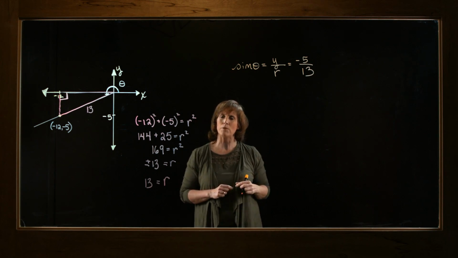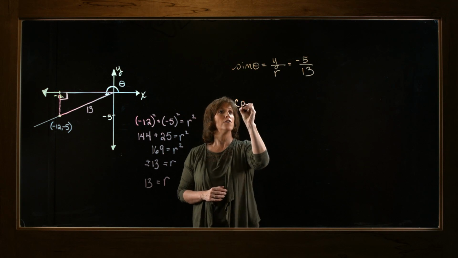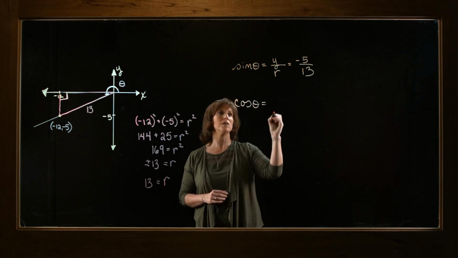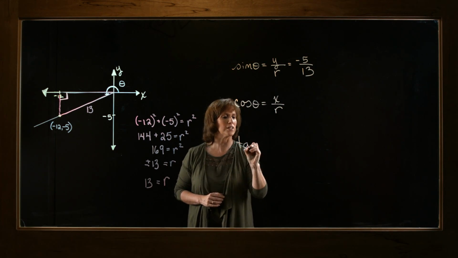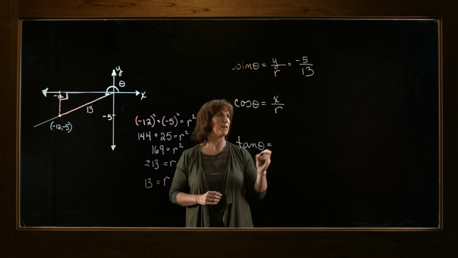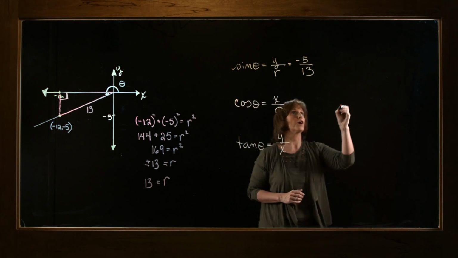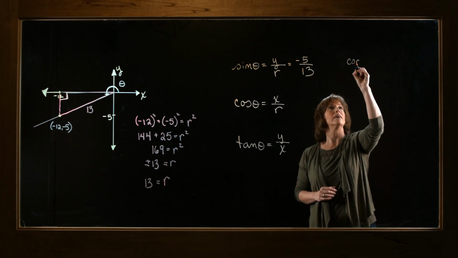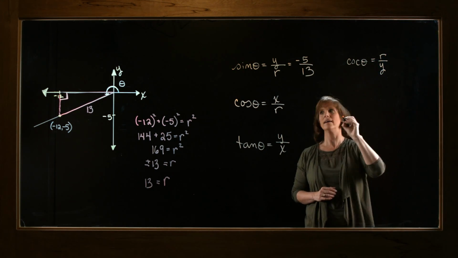Let's set up those ratios for the other 5 trig function values. The cosine of theta is going to be the x-coordinate divided by r. The tangent is going to be y divided by x. The cosecant of theta is going to be r divided by y.